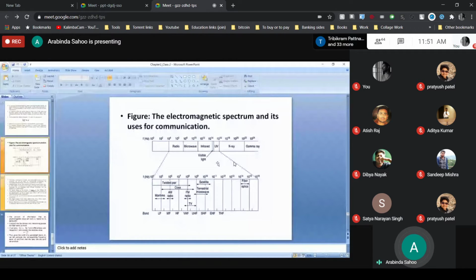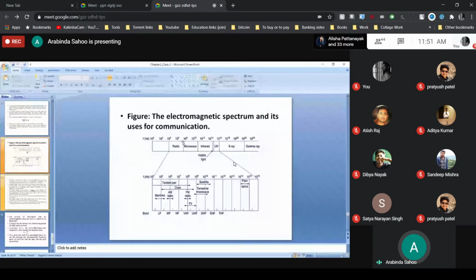Now consider this frequency range from 10 to the power 4 to 10 to the power 8. You can write down in your copy, from 10 to the power 4 to 10 to the power 8, the first part of this diagram.